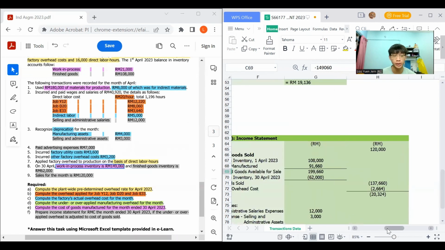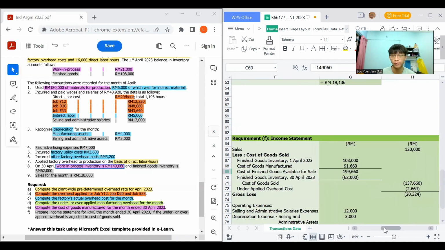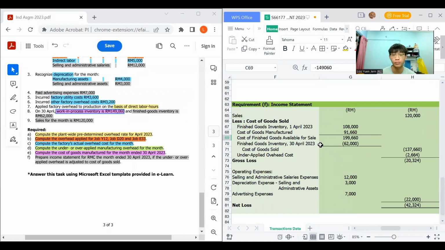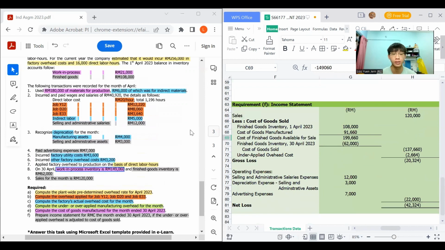Lastly is question F: prepare the income statement for RMC for the month ended 30 April 2023 if the under or over applied overhead is adjusted to cost of goods sold. So here is the income statement. Sales, you can find from here, that is 120,000.